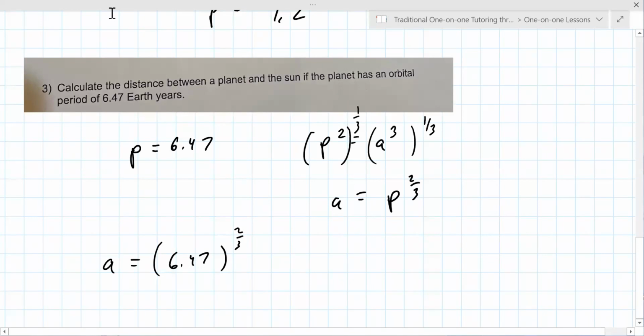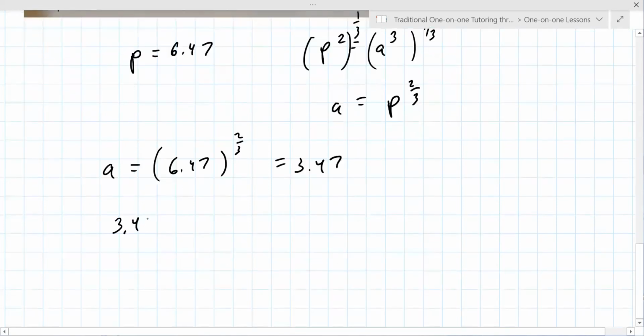So let's get that number. Grab your calculator, I'll do it as well. 6.47 to the 2/3 power, and I get 3.47. So this is 3.47 AU.